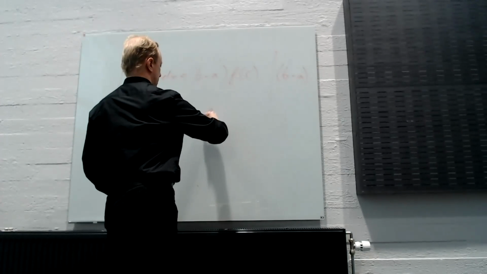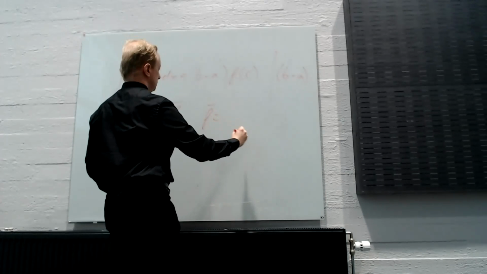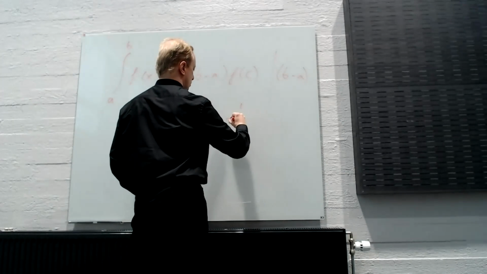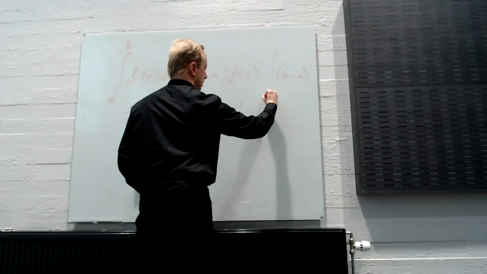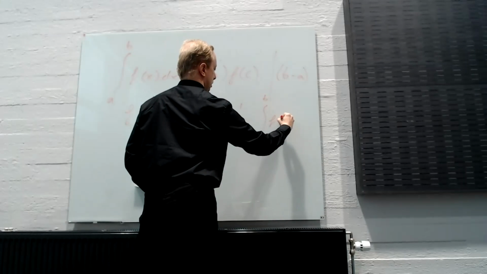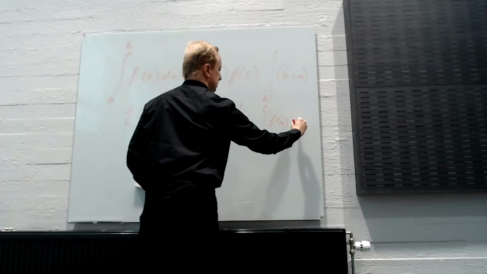And now if we simply divide both sides by b minus a, then we see that the mean f equals 1 over b minus a, times the integral from a to b of f(x) dx.